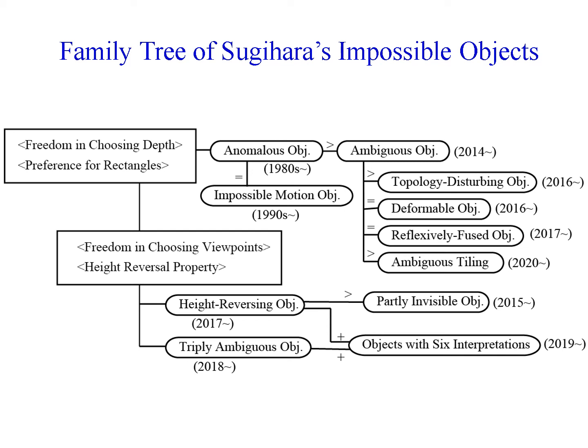The equality symbol means that the same idea as the parent node is used to create the child node by changing the way of display. The arrowhead symbol means that the idea of the parent node is extended to create the child node by adding further constraints. The plus symbol means that the 2 ideas are combined to create the child node.